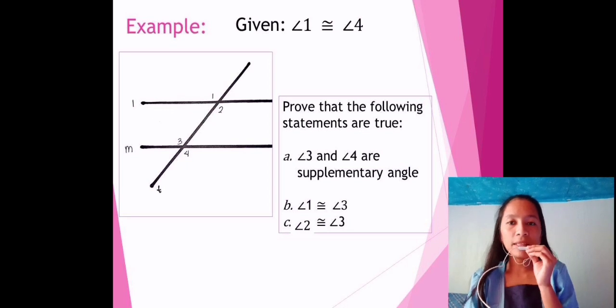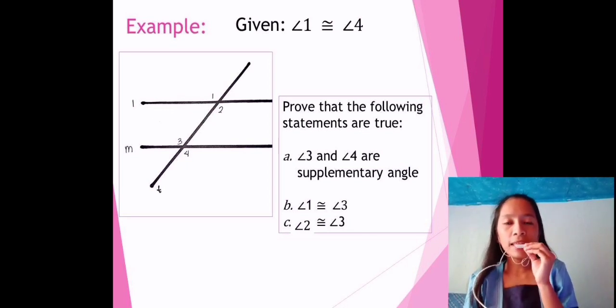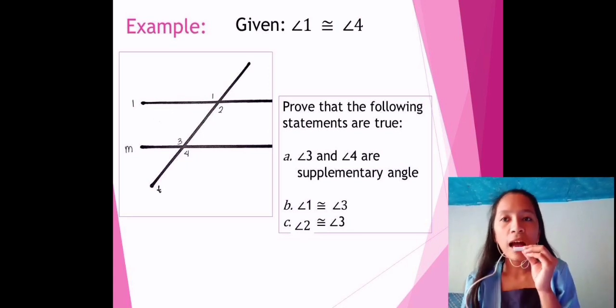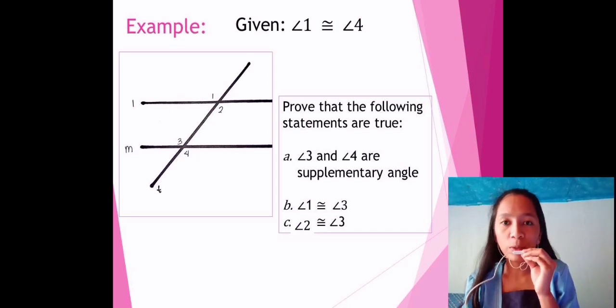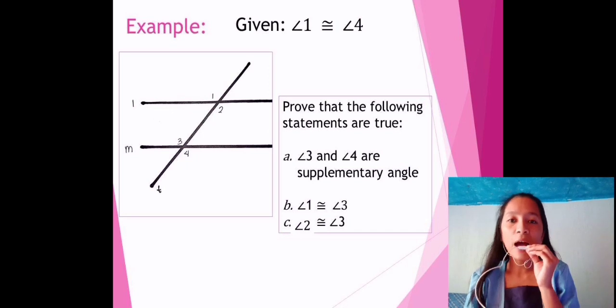Sa letter B naman, angle 1 is congruent to angle 3. Dito sa figure, makikita natin na yung line L and line M is parallel to each other in which angle 1 is congruent to angle 4. And so, kung yung angle 1 is congruent to angle 4, which is yung given natin, and then yung angle 4 is also congruent to angle 3 kasi siya ay parallel.